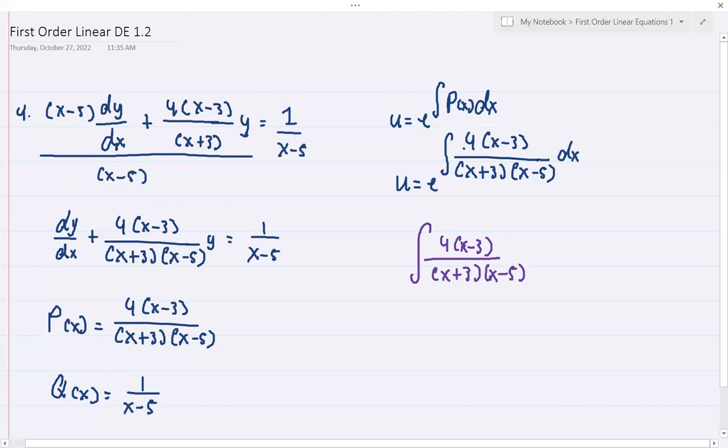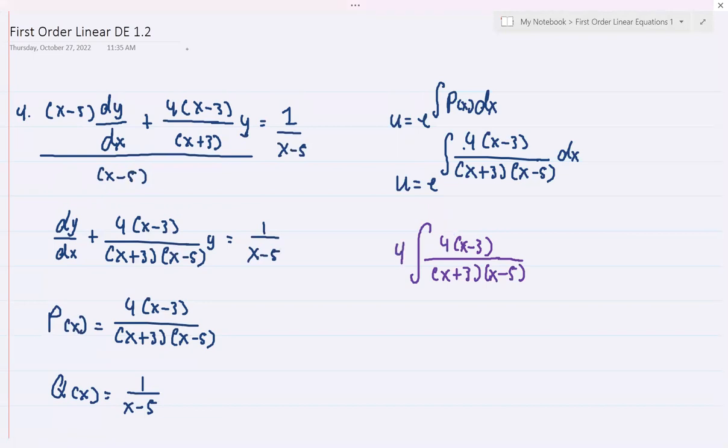Now, since you have a constant of 4, we can bring out 4 outside. So I'll put 4 here.